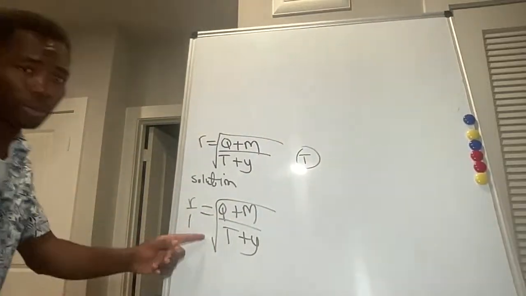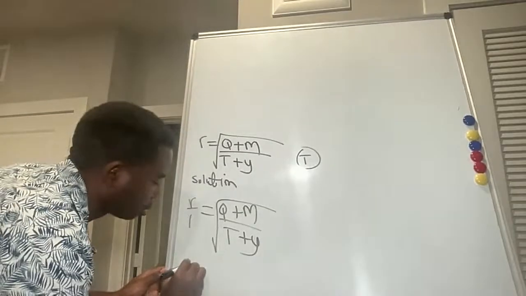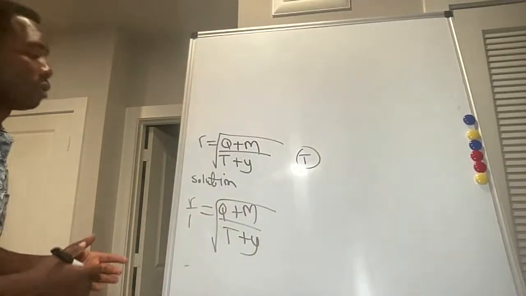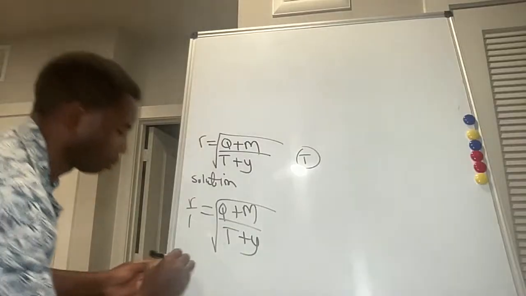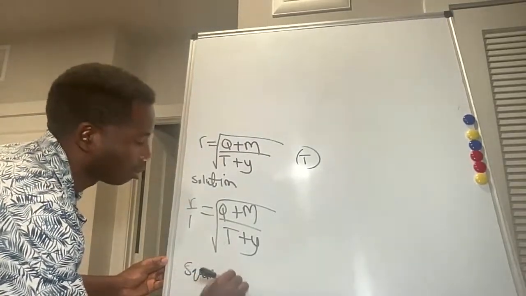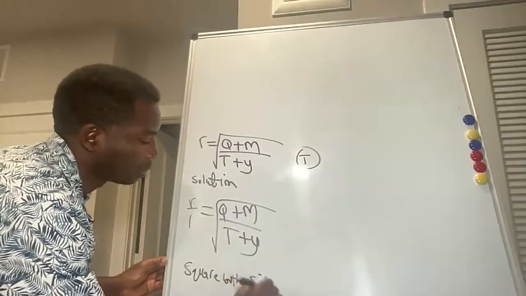What do you need to do? You have to remove the square root. And how do you remove square root? Is by what? Squaring both sides.